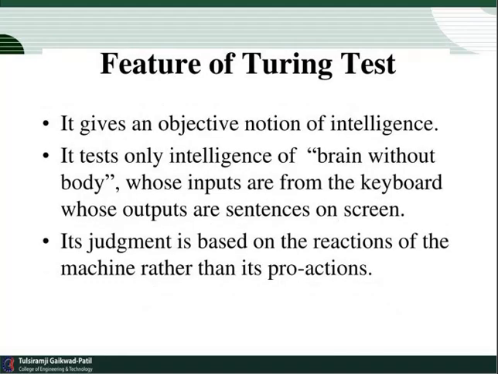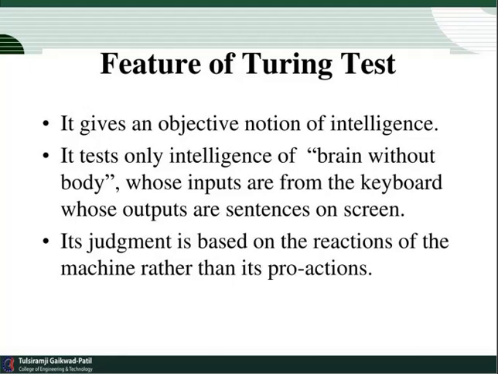The features of the Turing test. It gives an objective notion of intelligence. Yes, definitely. It tests only the intelligence of a brain without a body, whose inputs are from the keyboard and whose outputs are the sentences on the screen.